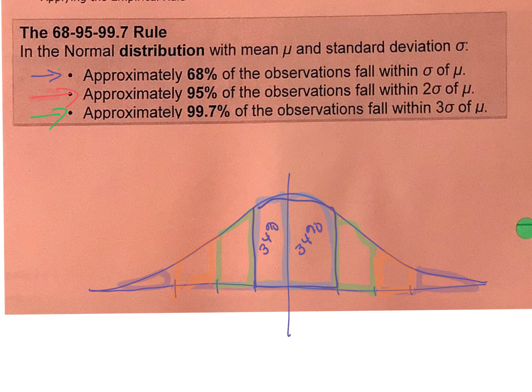Okay, so those are the first slices from the mean, 1 standard deviation out in both directions. 34% of the data is in each of those slices. Okay, guys, that's about 1/3 of the data in each of those. So 34 in each of those 2 slices added together gives us that 68%.